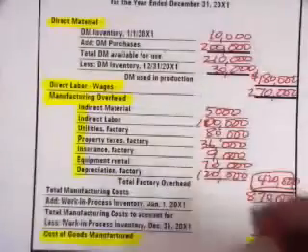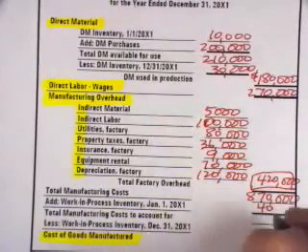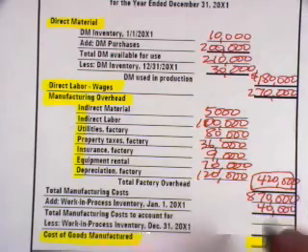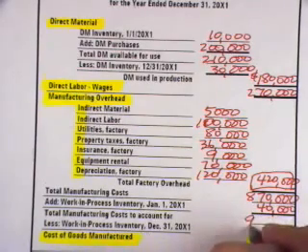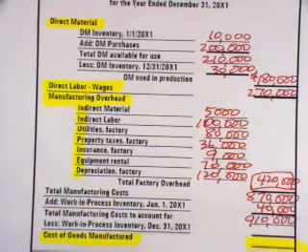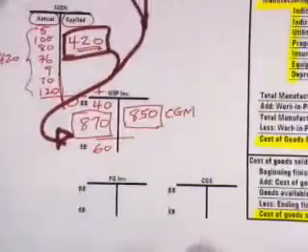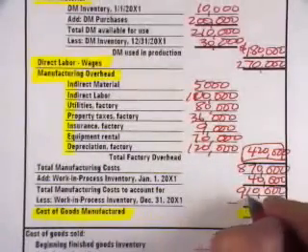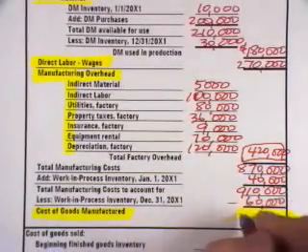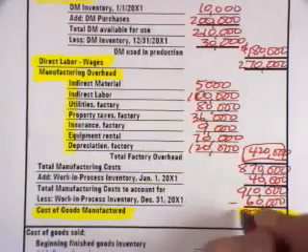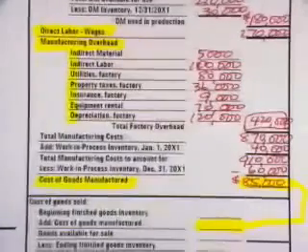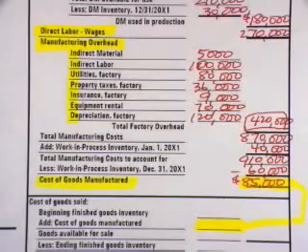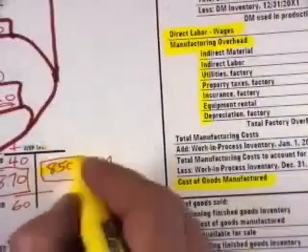That's going to increase our total manufacturing costs to account for up to 910,000. Then I subtract off the ending 60,000 of work in process, and I end up with $850,000 as my cost of goods manufactured, which is the credit side of work in process.